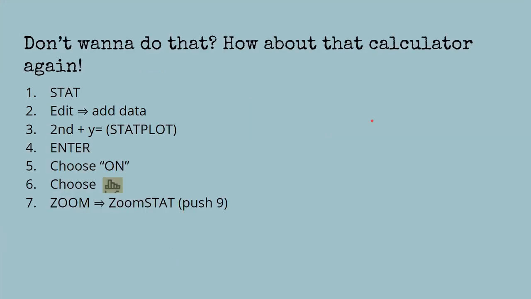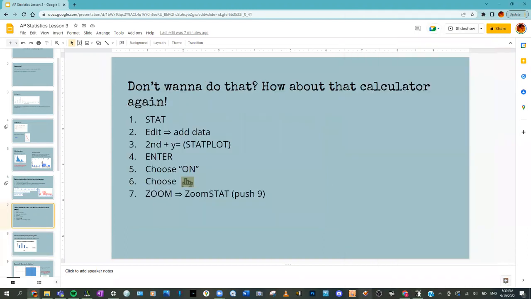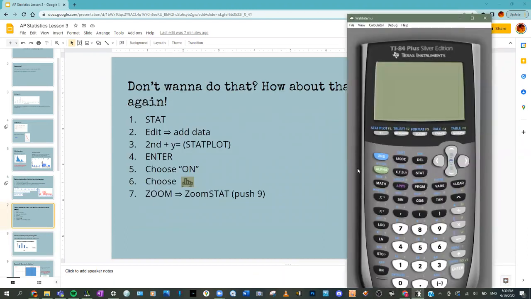So here are the steps of what you do. Now, I'm going to try to see if I can show you this. Okay, so I think this is the only way that I could do this. So sorry about that. Let's go back on that. So how do we put this into the calculator? All right.